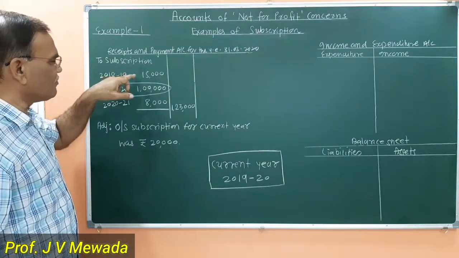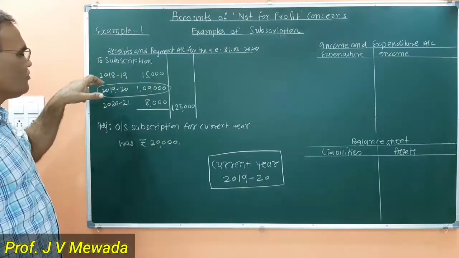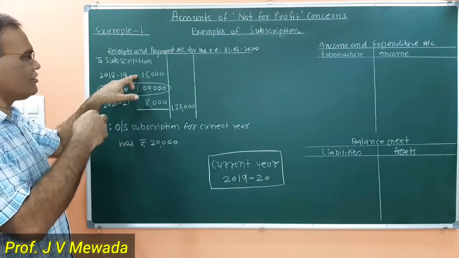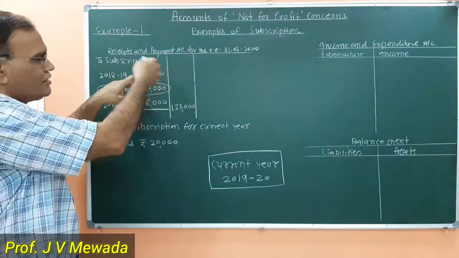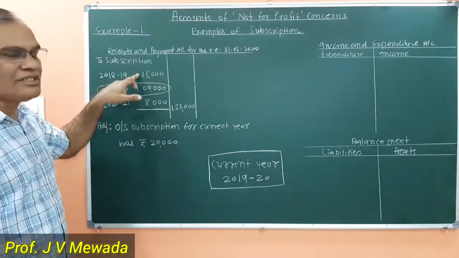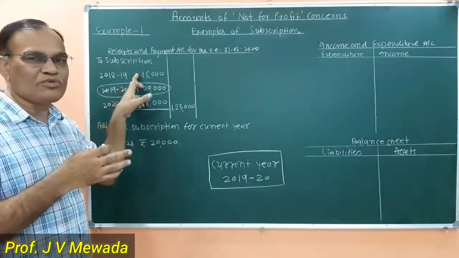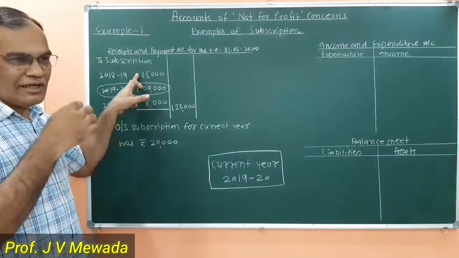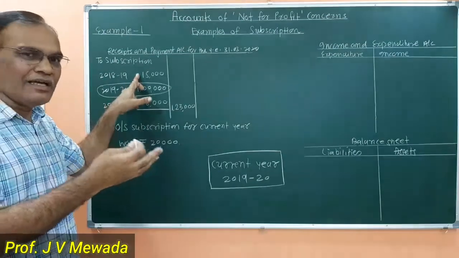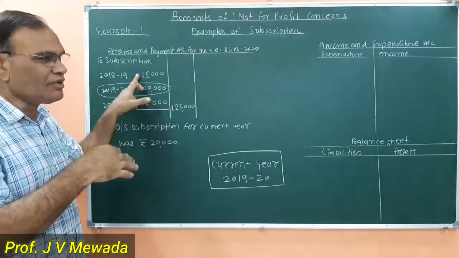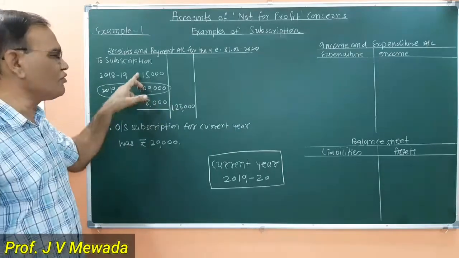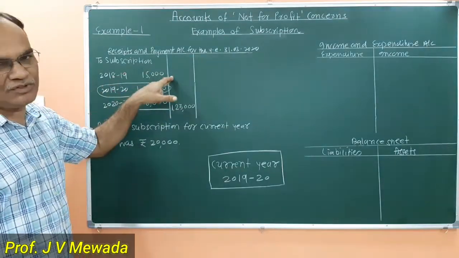Now what is this figure? 15,000. 15,000 is received. Okay, this is the receipt side. 15,000 is received for the last year. Okay, so we are not supposed to take this because last year it may be outstanding and it is received in the current year. But we are not preparing the opening balance sheet, so we should not consider this 15,000.